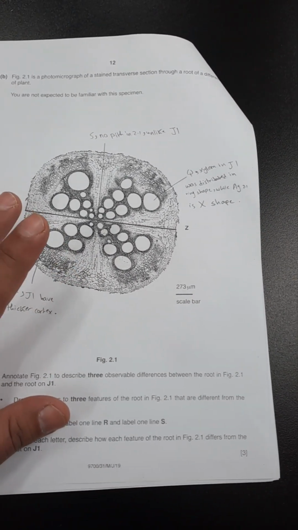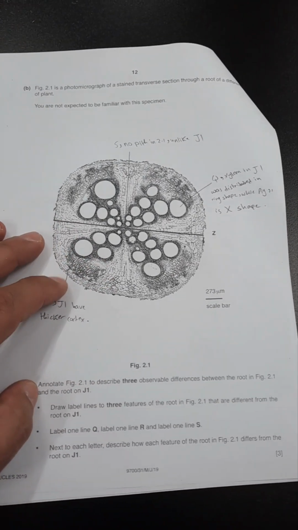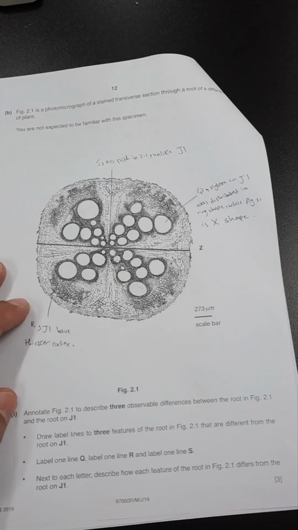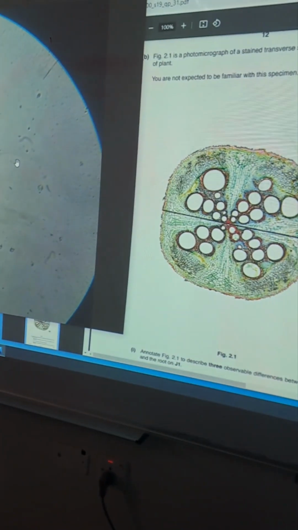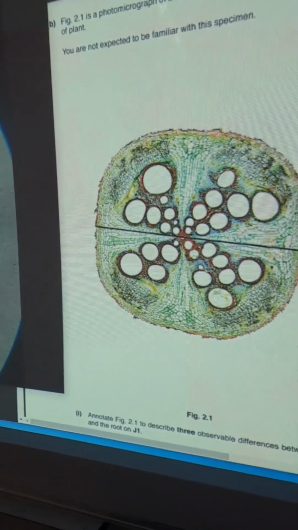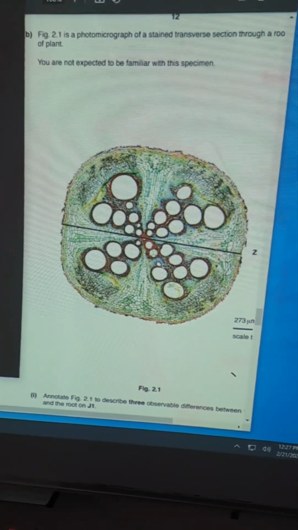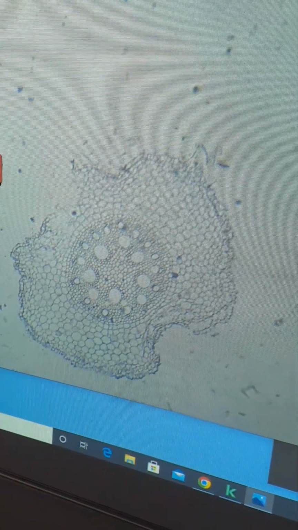You need to find out the differences between the J1 slide and figure 2.1 using a ruled line labeled by Q, R, and S. Regarding branch B, you need to find out the differences between the transverse section in the exam paper and the J1 slide, which is provided by Cambridge. Now you need to find out what differences you can see between those 2 slides.